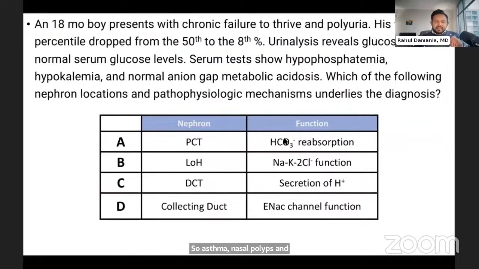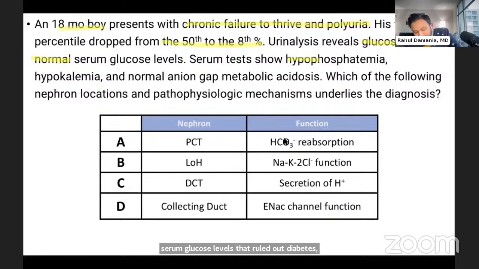All right. Let's go ahead and go through this question. This is an arrow question, very high yield type of question. An 18-month-old boy presents with chronic failure to thrive and polyuria, so increased urination. The patient has failure to thrive, dropped from 50th to the 8th percentile. Urine analysis shows glucosuria with normal serum glucose levels. That ruled out diabetes mellitus.